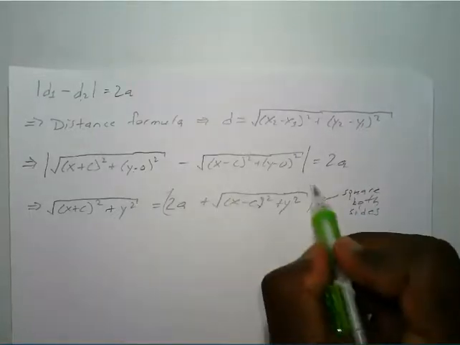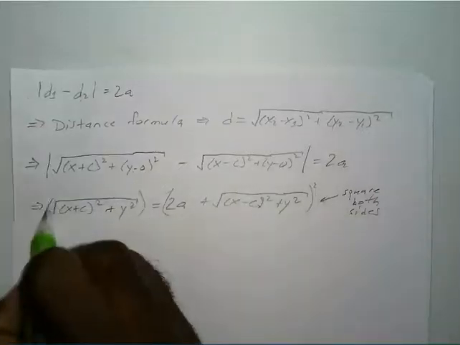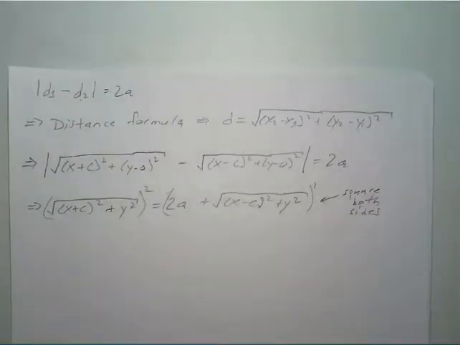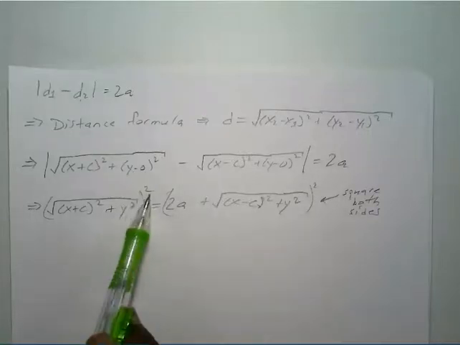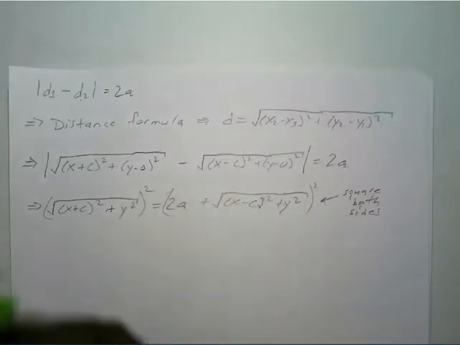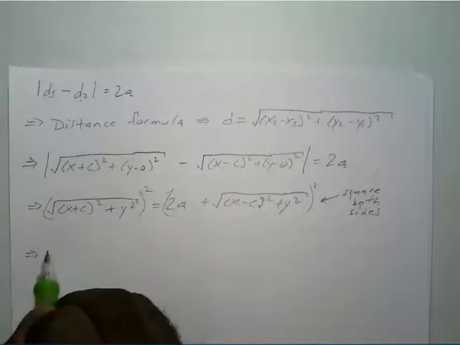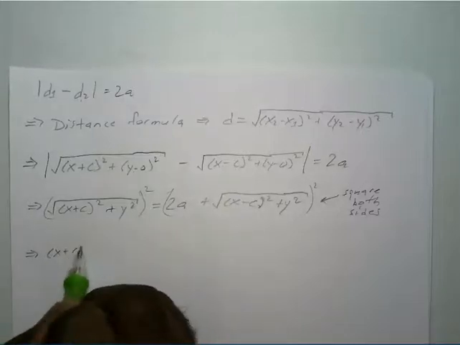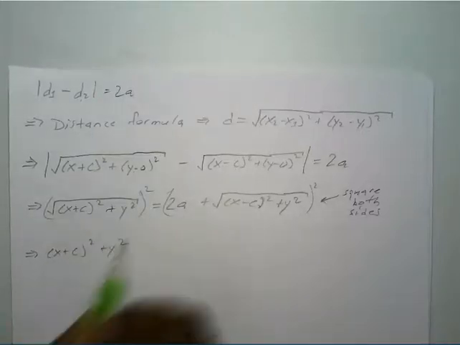So we square this side, and we square this side. If we square the left side, the square and the square root cancel each other out, and we're left with (x plus c) squared plus y squared.